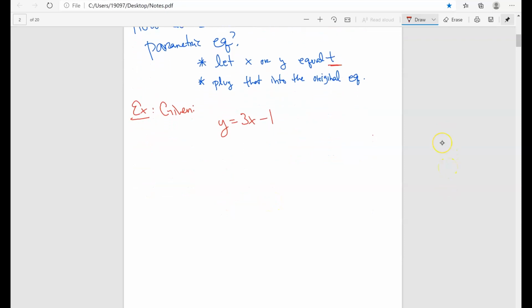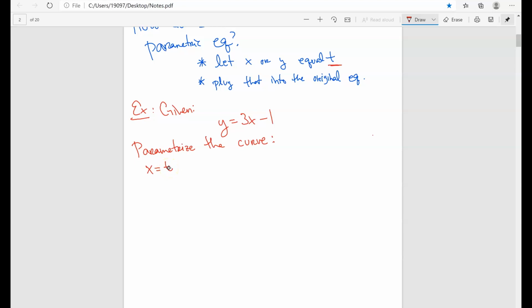Let's say we want to parameterize it in terms of time. So let's parameterize the curve. Parameterize is just another way to say, convert this to parametric equations. One way you can do it is you can just let x equals t be your x value.